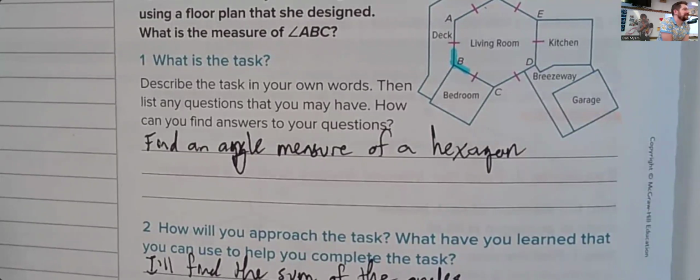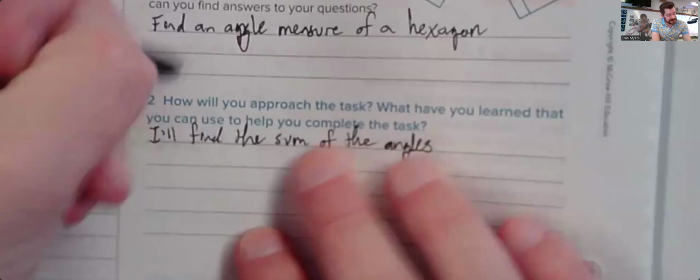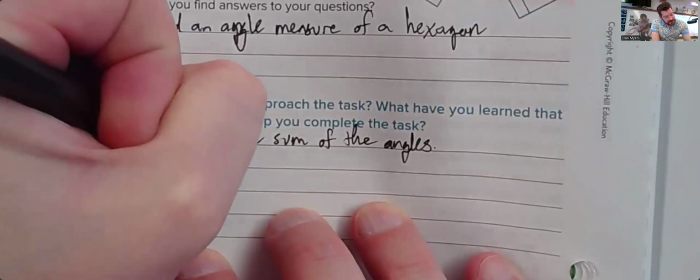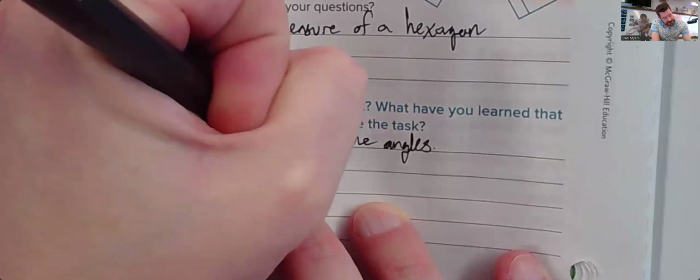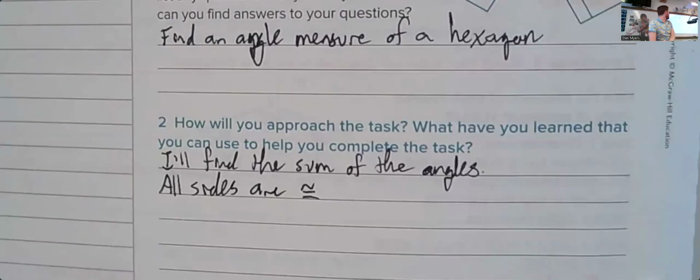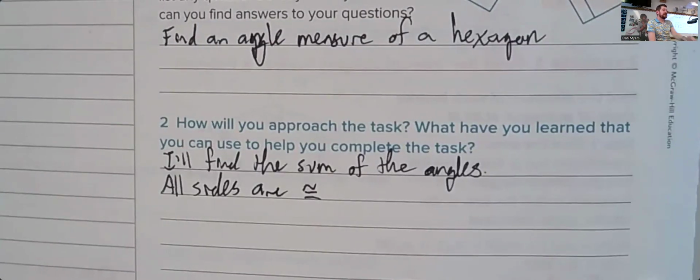Yeah, we're given that all the sides are the same. So all sides are congruent.